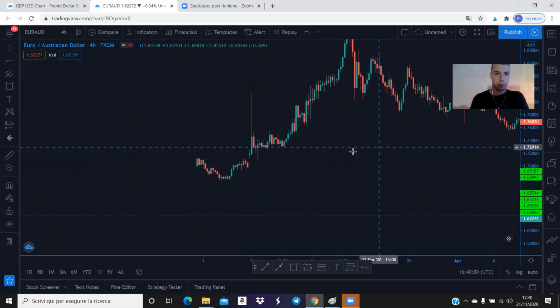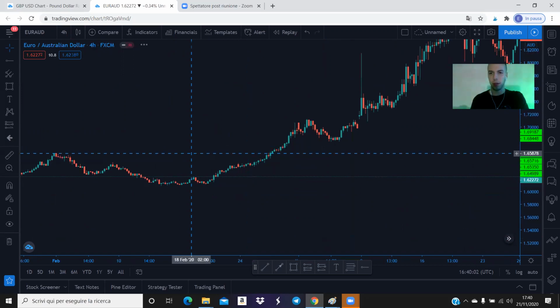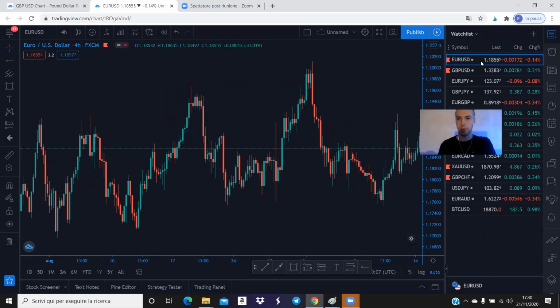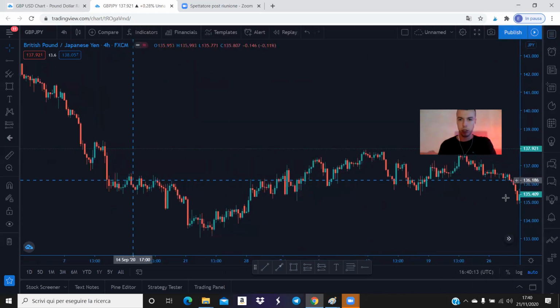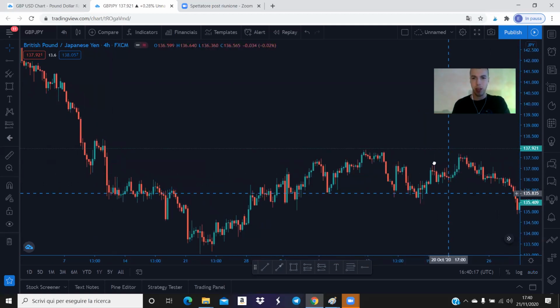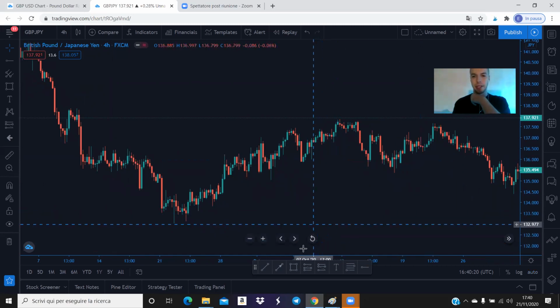So here all small candles. Well, let's move on to another one, GBPJPY. I hope that you can see a big candle already.